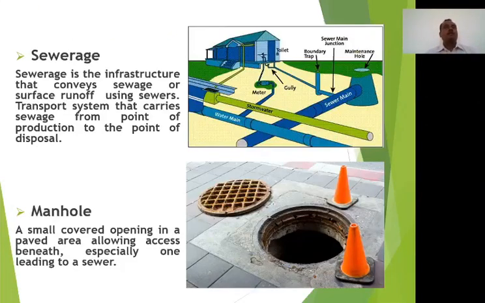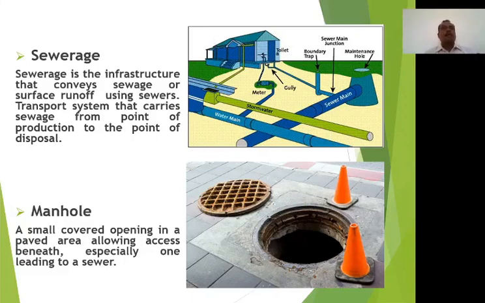Okay, students, this is the next slide. Sewerage is basically a transport system that carries sewage from the point where it is produced to the point of disposal, that is the treatment plant. You all might have seen covered openings on the streets as shown in the figure. These are called manholes.